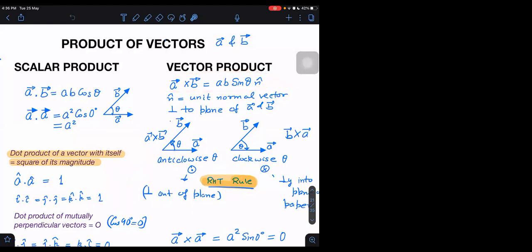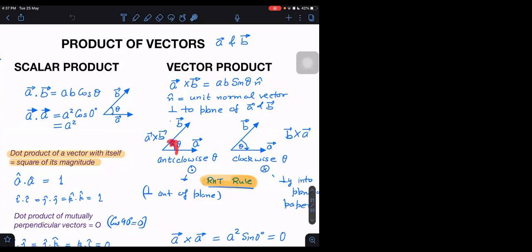To specify the direction, actually, I have to learn this thing also. If I'm looking at the vectors drawn in space and I want to take vector A cross vector B, then what I need to do? Draw an angle with an arrow. Arrow in which direction? First vector to the second vector. If I am taking cross product of A with B, then from the first vector to the second vector I have to draw the arrow.